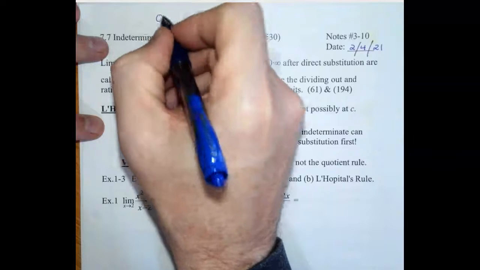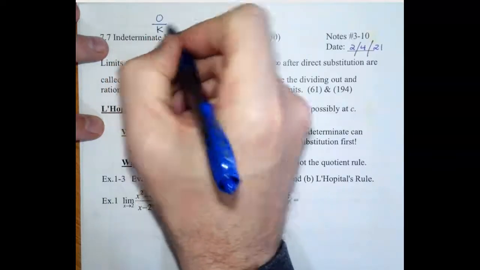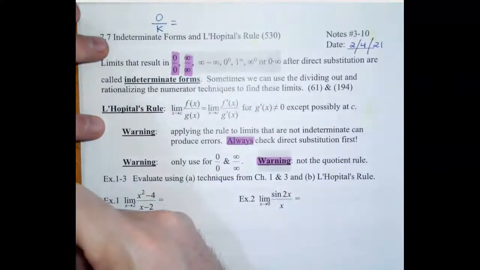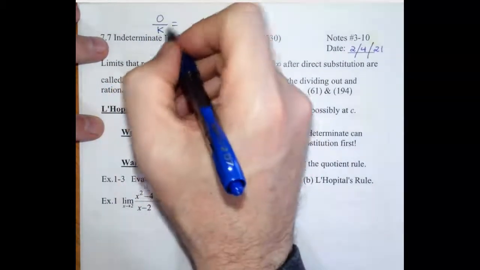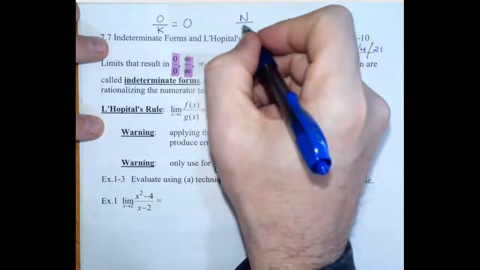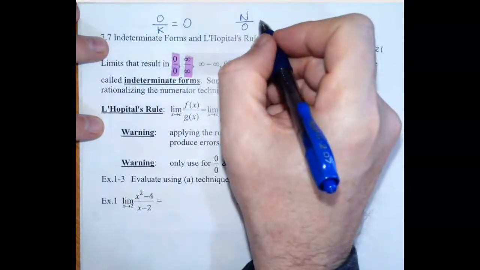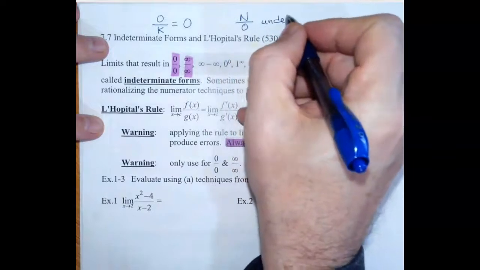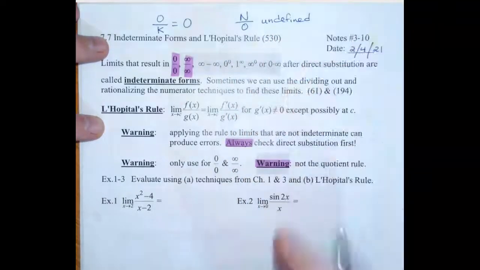find limits. So before we get started, let's take 0 divided by a number, and remember that 0 divided by a number is okay, it equals 0. But a number divided by 0, no, we can't do that. That's undefined. Okay.